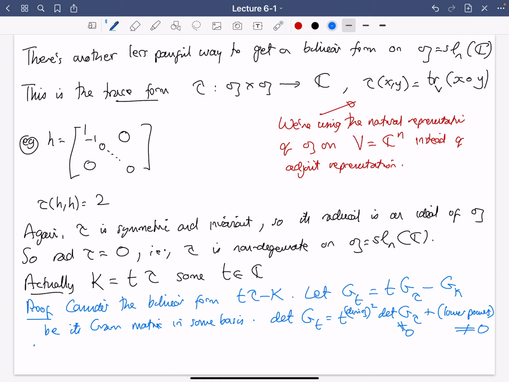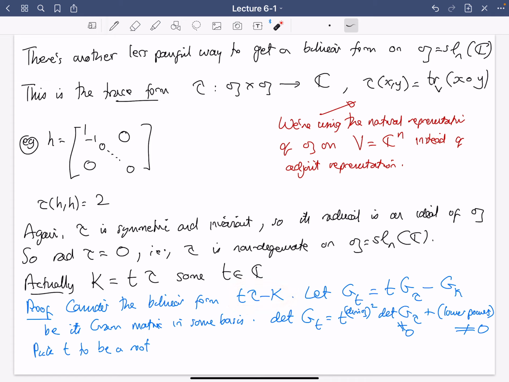So now you can just pick T to be a root of this polynomial. So that's picked my value of my scalar T. And so then this Gram matrix has determinant 0, which means that this form, T tau minus kappa, is actually degenerate.